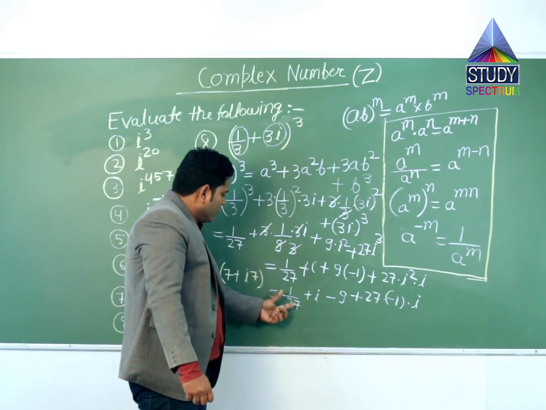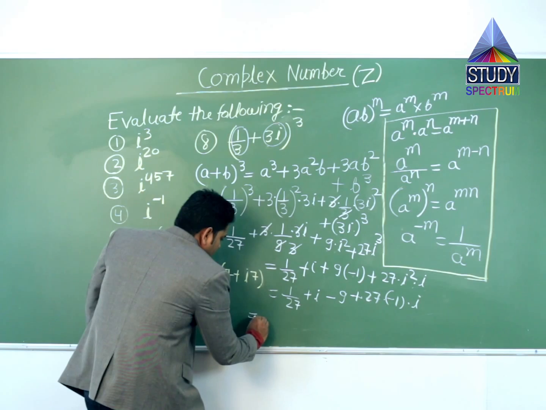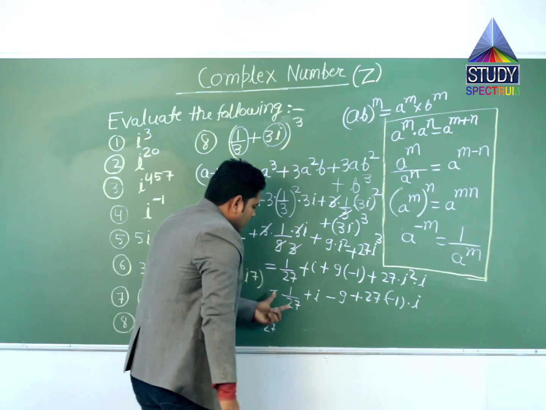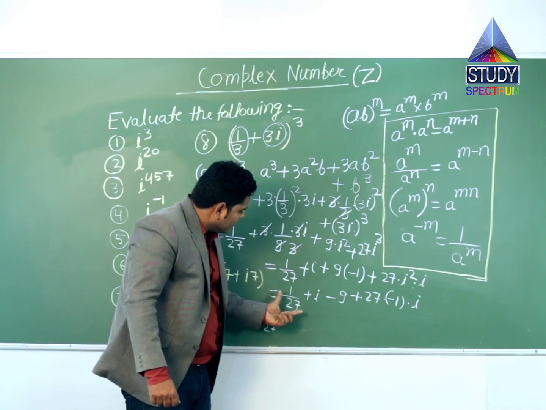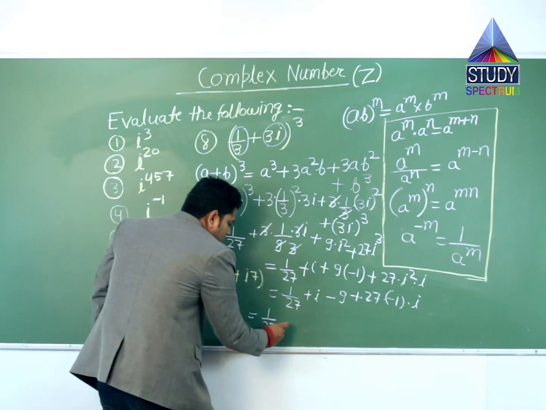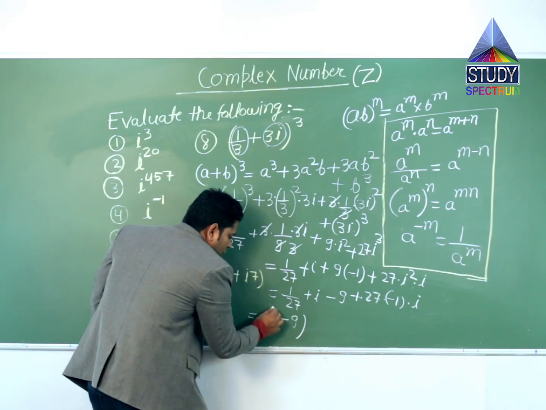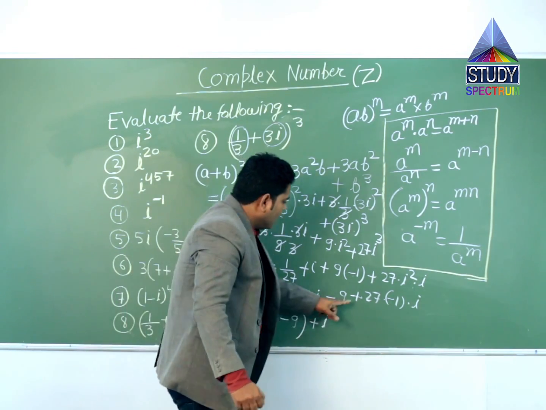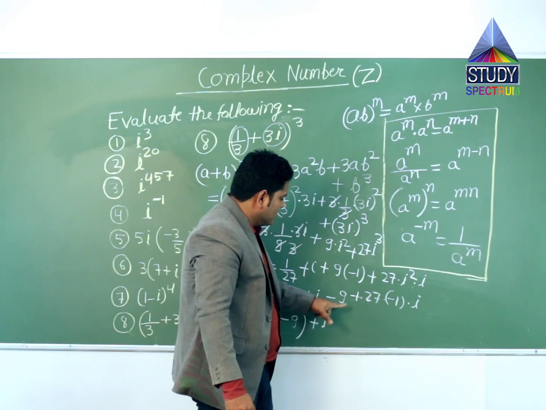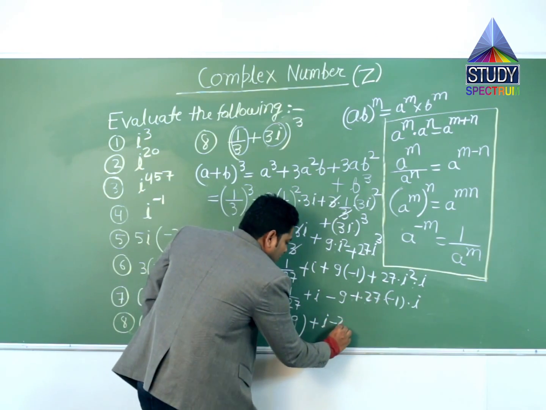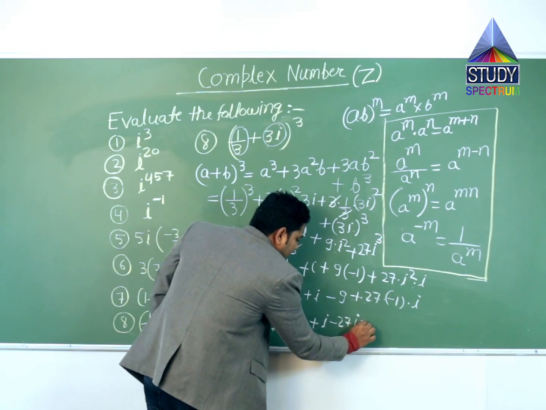So we'll write here 1 by 27, we'll put together the terms without i, so 1 by 27 minus 9, and here we have i, and plus into minus is minus, and 27 into 1 is 27, so we'll write minus 27i.